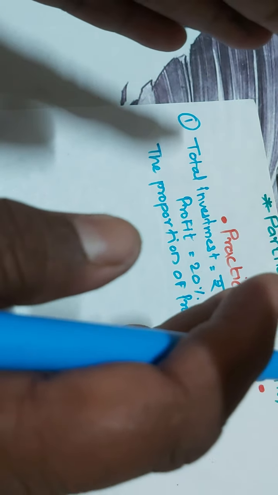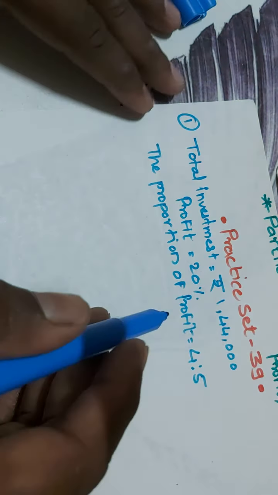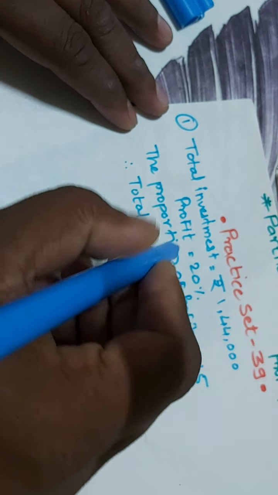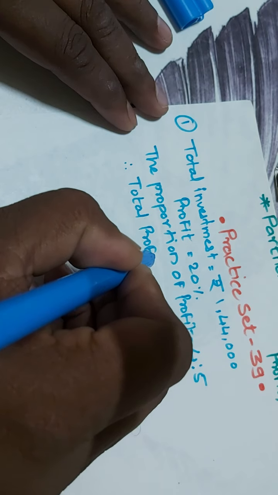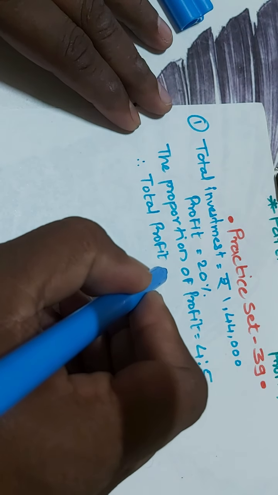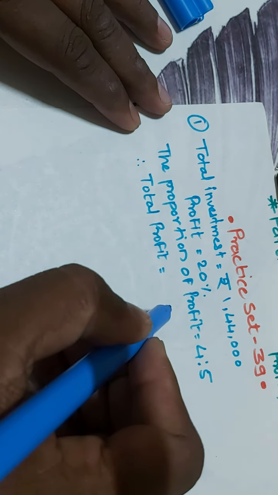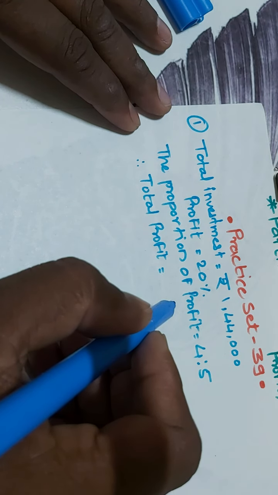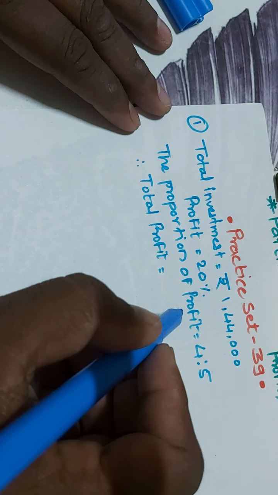So first we need to find the total profit. Therefore, total profit is equal to, see, they are given 20% of 1 lakh 44,000.